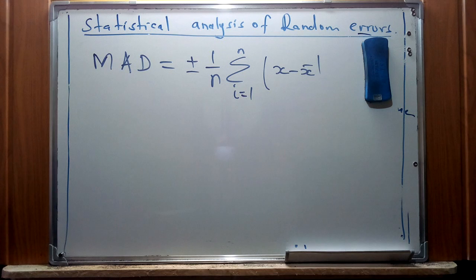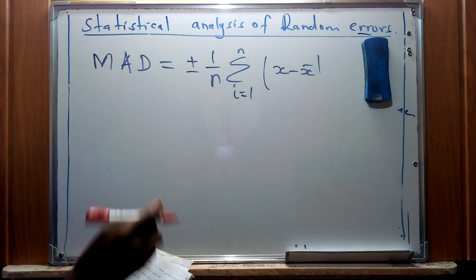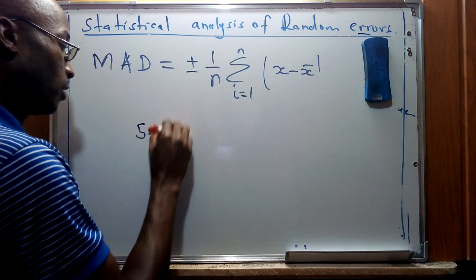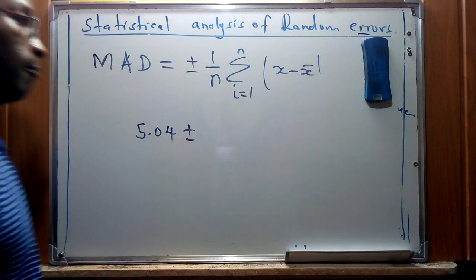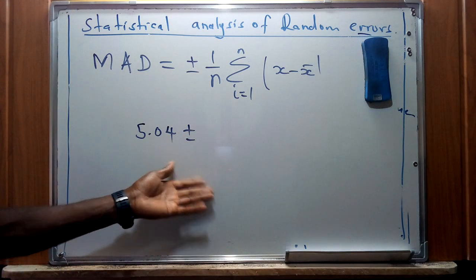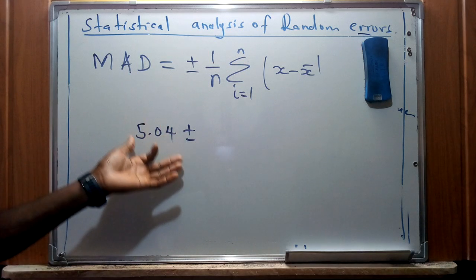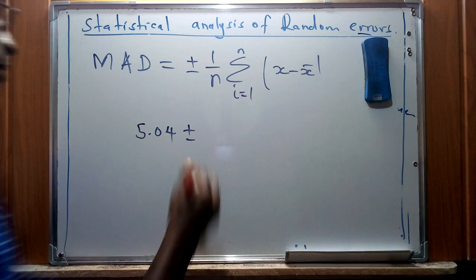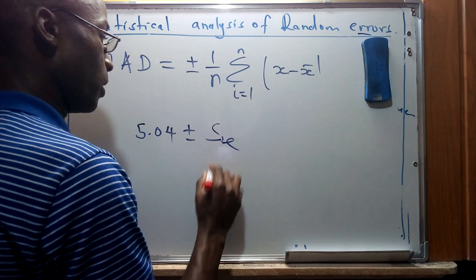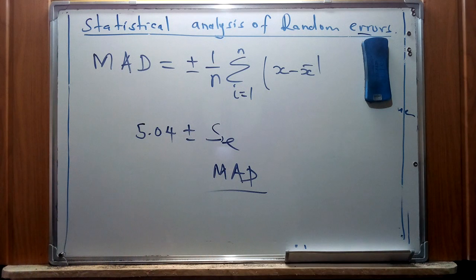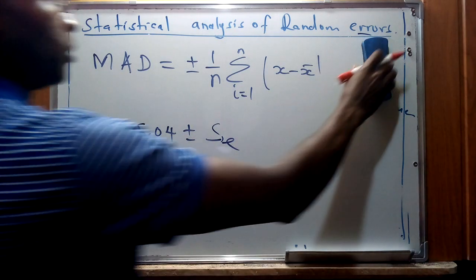This is going to give us a specific value which we are going to use for the range of numbers which are less than 6. So instead of expressing it as a standard error, we're going to use the mean absolute deviation from the result of that expression.